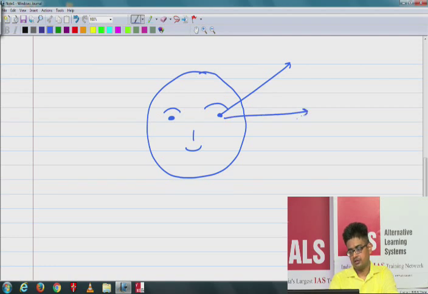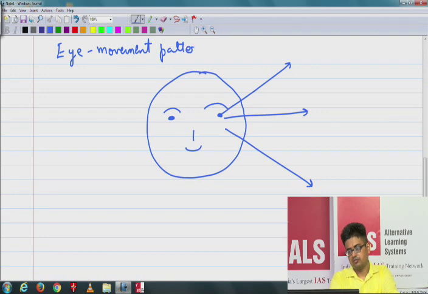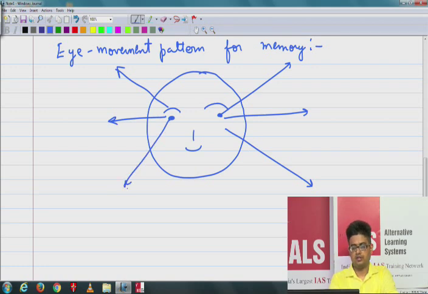This is an actual eye movement. It is an eye movement pattern for memory. All right. So what I wanted to show you here is something like this.